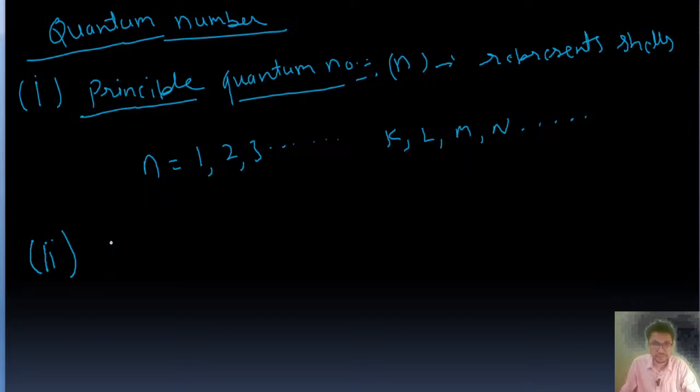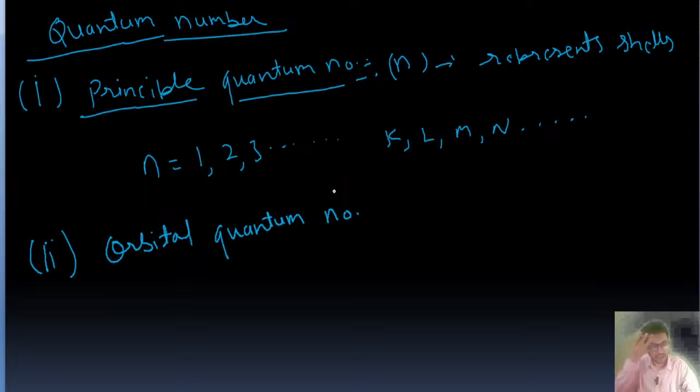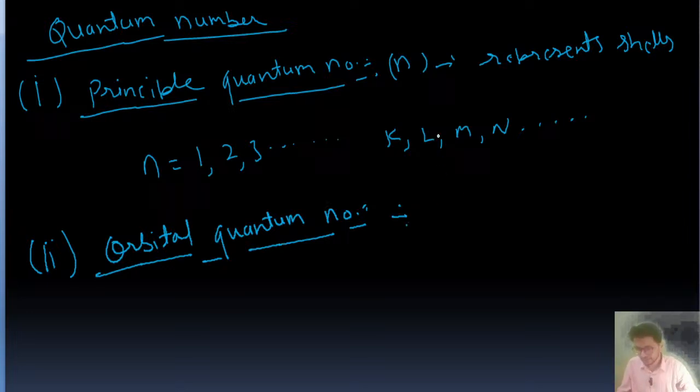Second is the orbital quantum number. It represents subshells. I am writing these as main points.